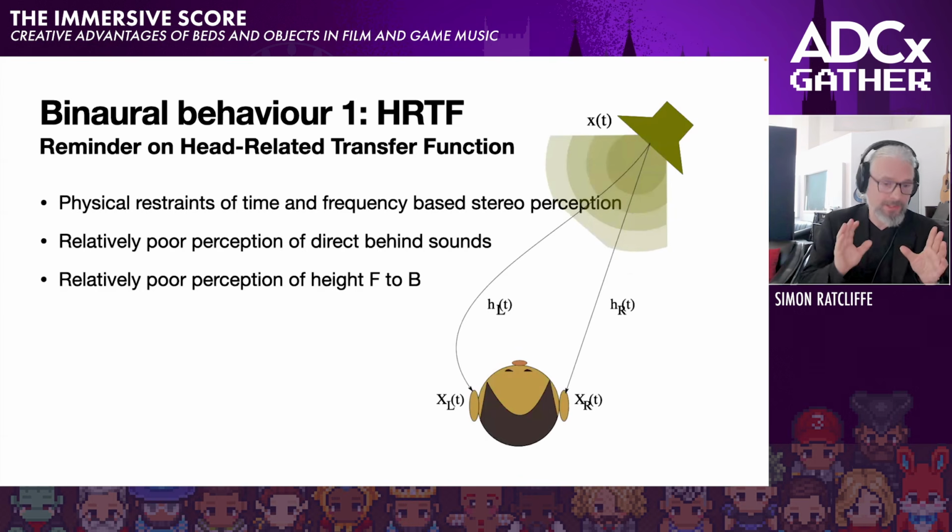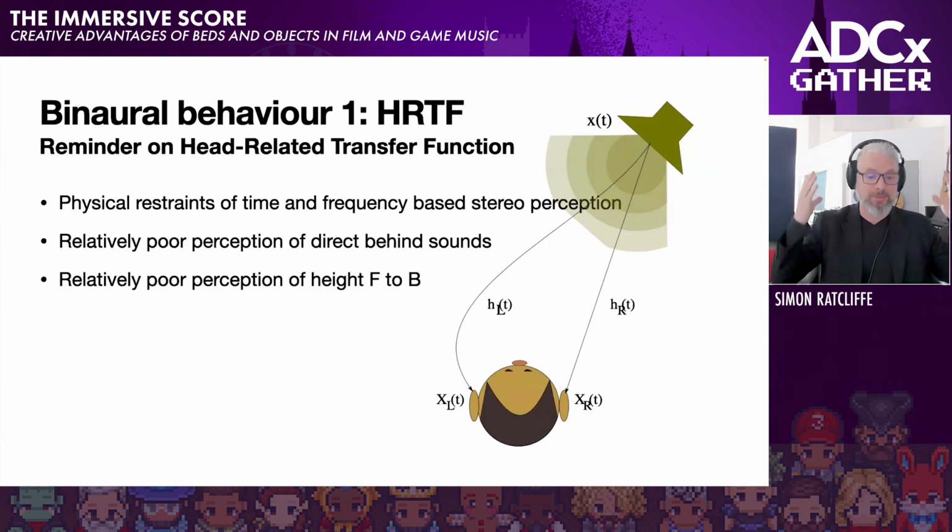So with that in mind, just a quick reminder on head-related transfer function. The physical restraint of the fact that we have two ears and a big, in my case, a big fat head in the way, means that we have certain aspects of sound which are time domain and frequency domain dependent, but then it hits your head, and it rolls off in a particular way. We also have relatively poor perception of direct sounds behind us. In a speaker setup, you can get away with it.